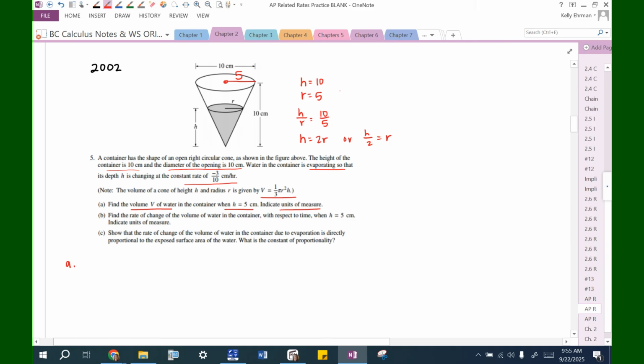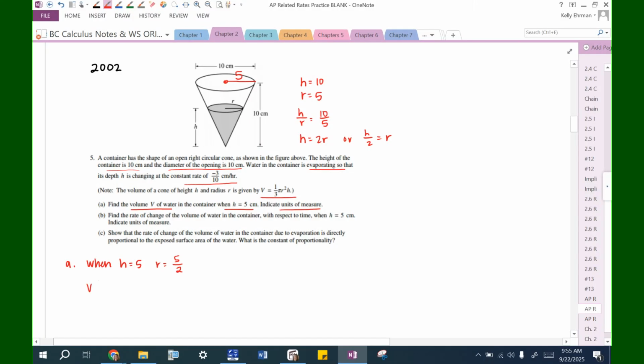So when h is 5, what is r equal to? So r would equal 5 over 2, right? Or 2.5. They have this half relationship.